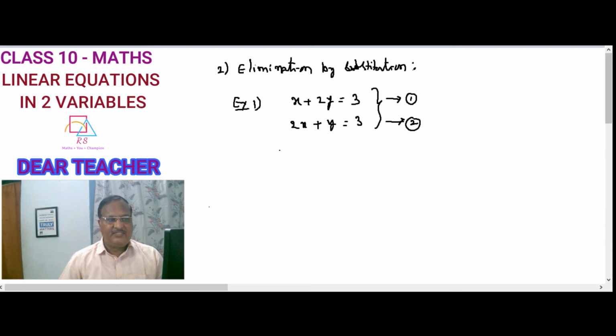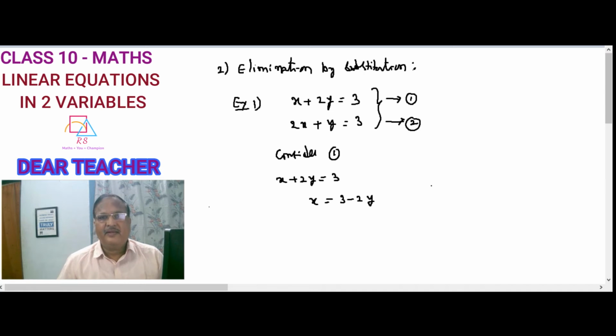I will consider the first equation. What is the first equation? x plus 2y is equal to 3, so x is equal to 3 minus 2y. That means I got the x value in terms of y.